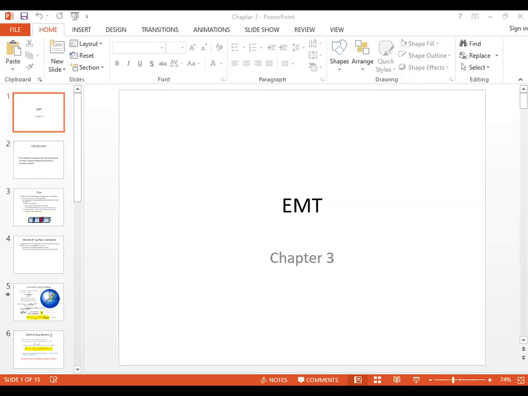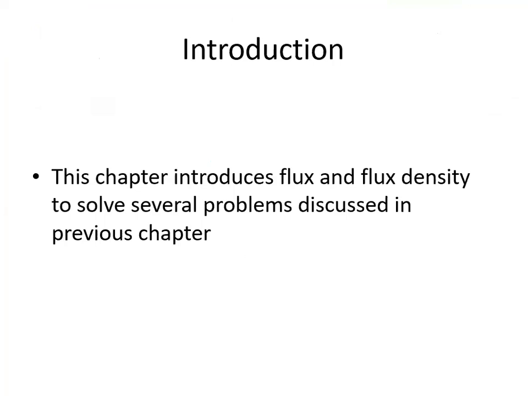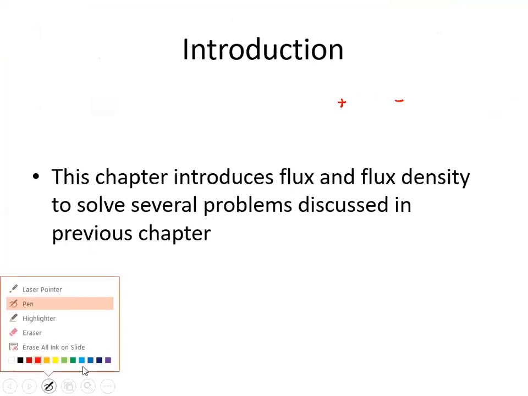Previously, we were talking about electric field intensities, right? Today we want to expand the results a little more, and I want to give you the concept of flux. As you said previously, when you separate charges, there exists a force between the two charges.